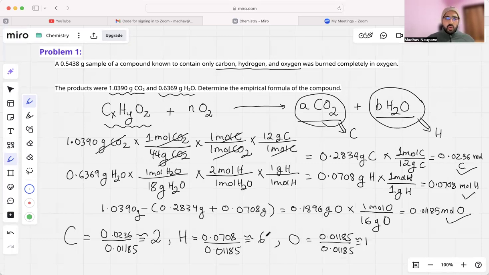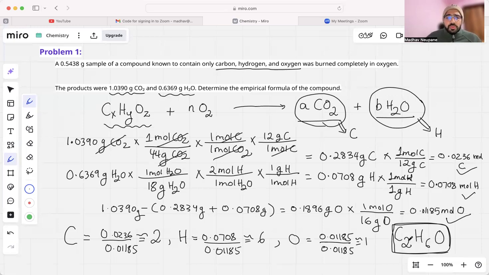So I have all whole numbers, 2, 6, and 1. So my empirical formula is going to be C2H6O, right? So you can imagine what that might be, just by looking up the formula based on the number of carbon, hydrogen, and oxygen. There are multiple possible organic compounds.